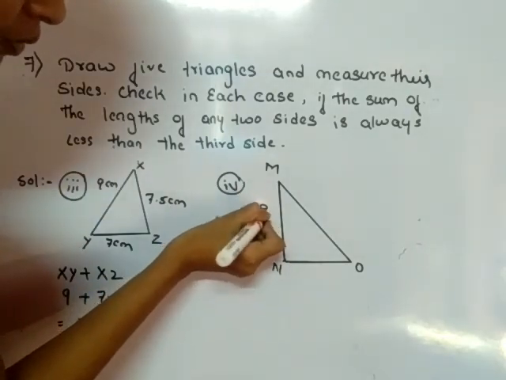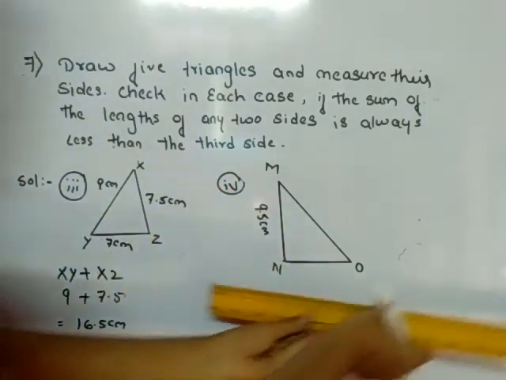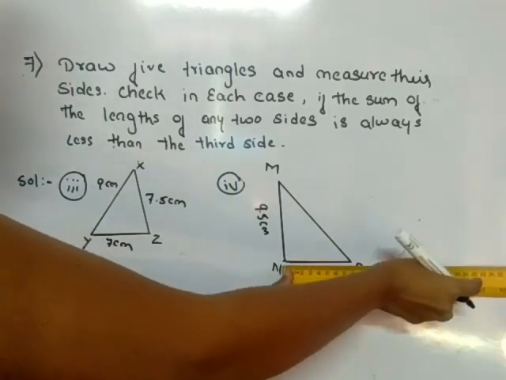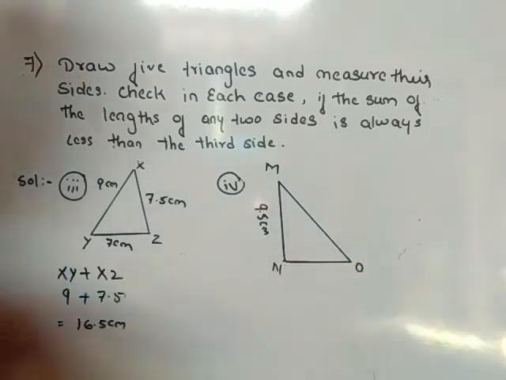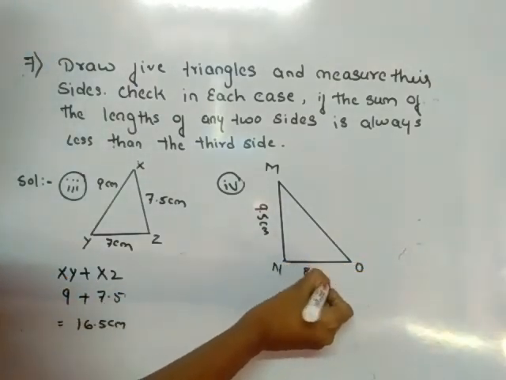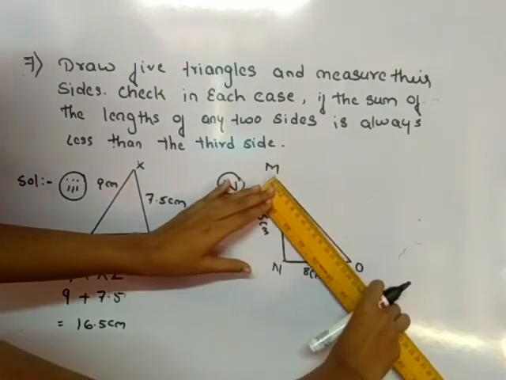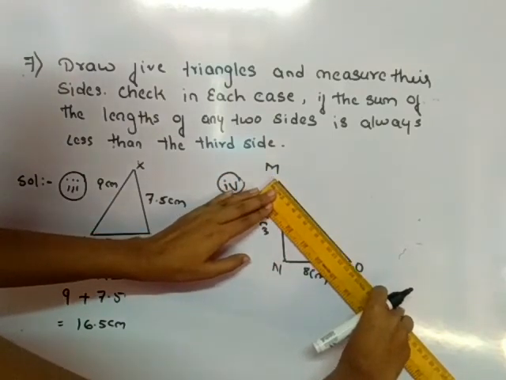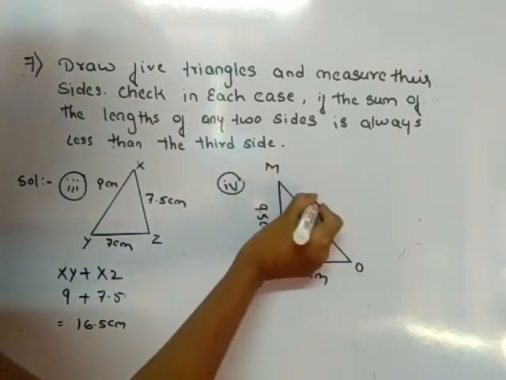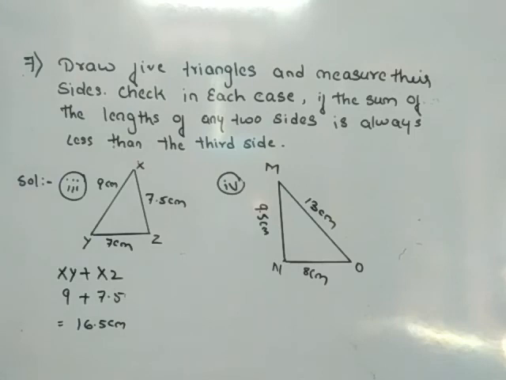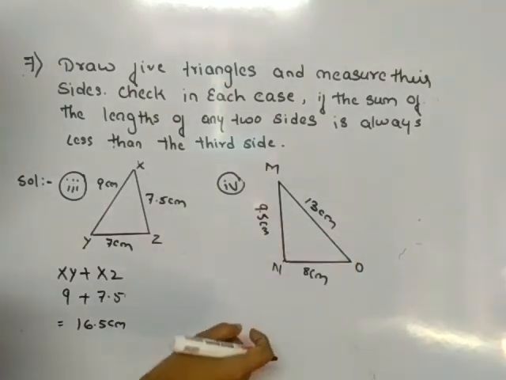This is 9.5 centimeter, and this is 8 centimeter, and MO is 13 centimeter. Now we'll add any two sides and check whether the sum is less than the third side or not.